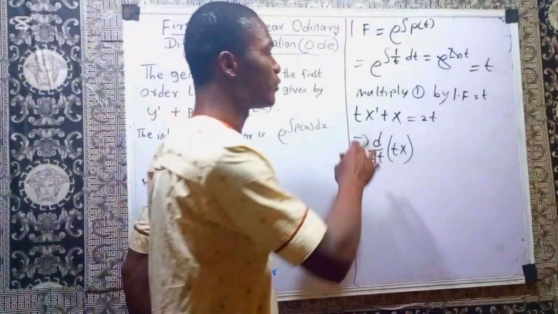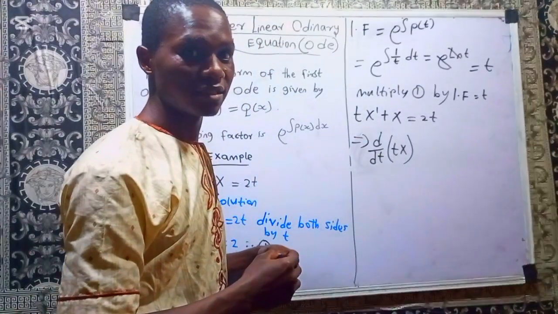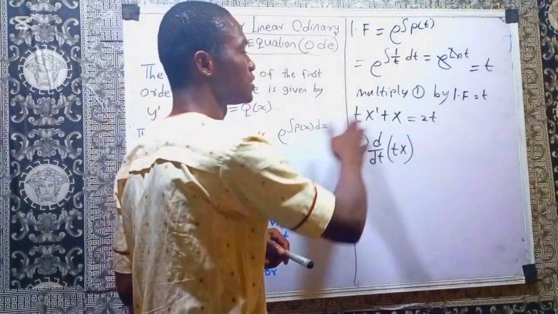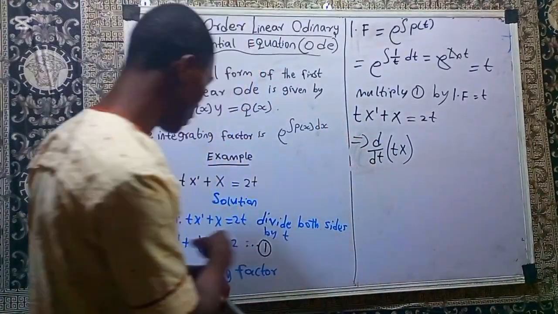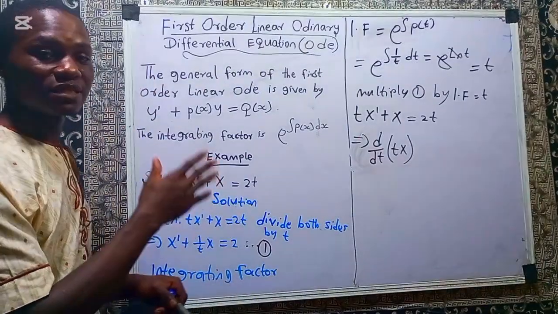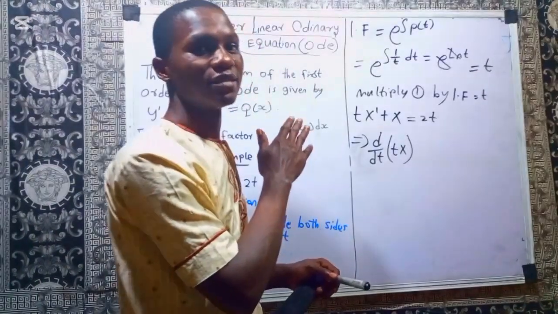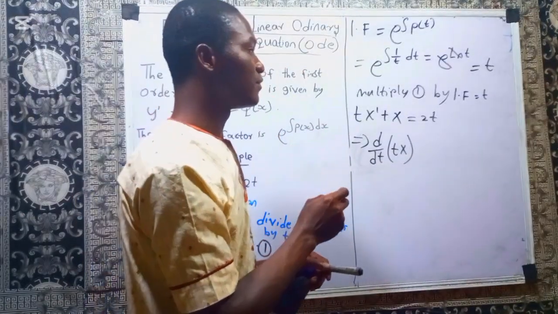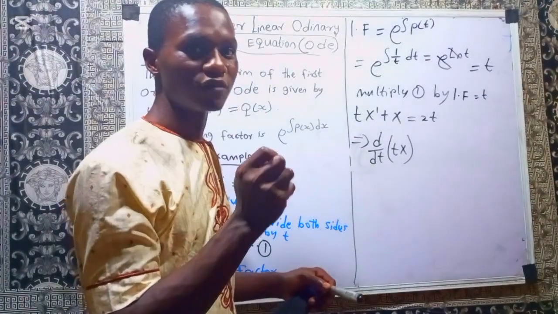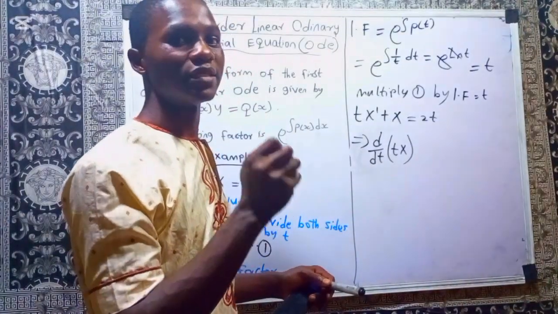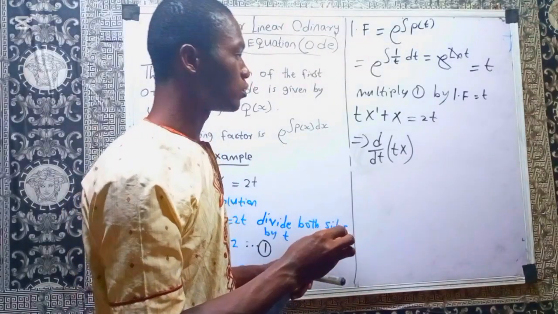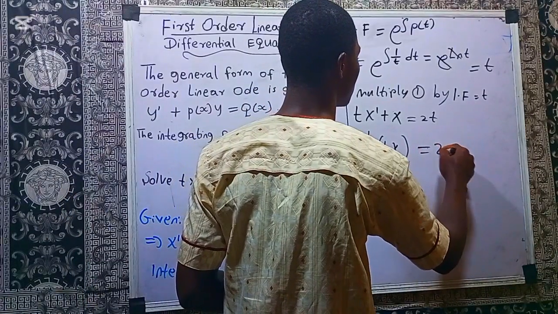Now when you have multiplied both sides of this equation by the integrating factor, everything you have at the left hand side is the same thing as the derivative of the product of the dependent variable and the integrating factor, equal to 2t.